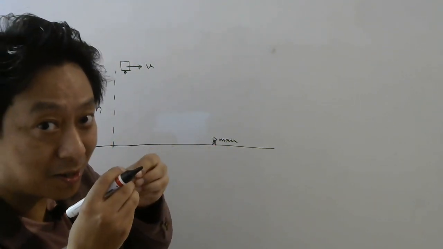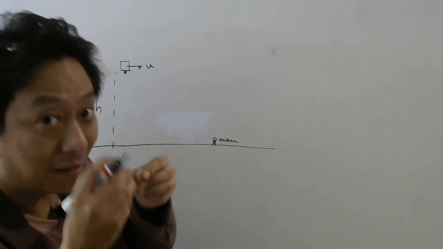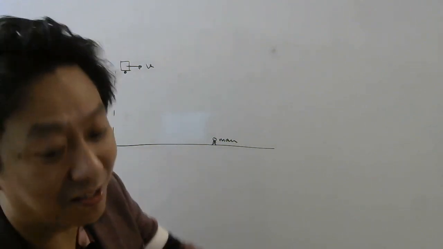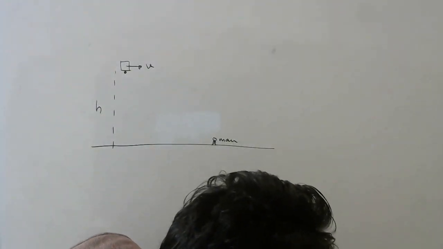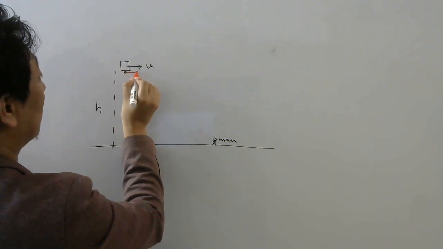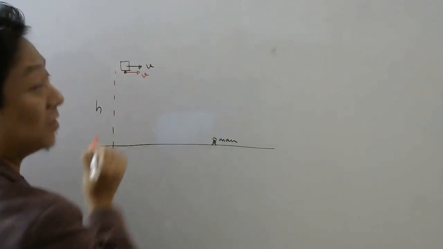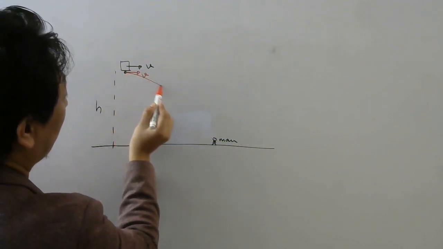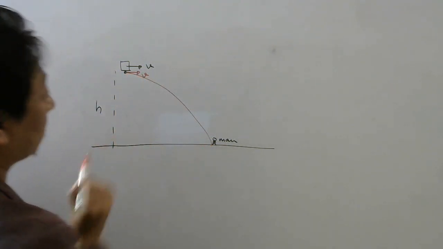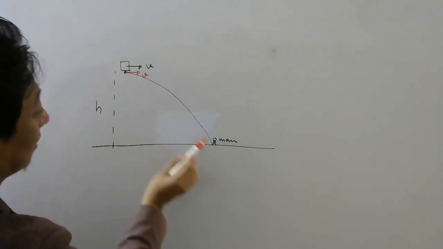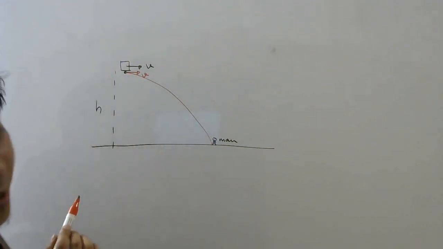So whatever is the speed of the helicopter, that will be also the speed of the packet when it starts. So our packet will start with an initial velocity same as the helicopter, which is v they have given. And then with that speed it comes like this and reaches the man. They are asking you to find the distance between the packet and the man when it was dropped.